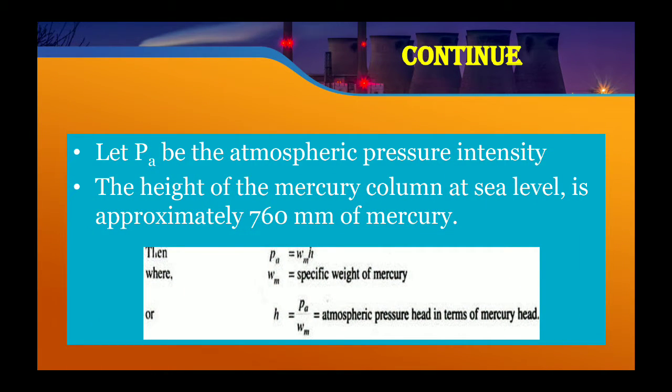Now let PA be the atmospheric pressure intensity, and the height of the mercury column at sea level is approximately, as we know, 76 centimeters, that means 760 millimeters of mercury. Then from this equation we can see that PA equals Wm into H, where Wm is the specific weight of the mercury, which is a constant. So H equals PA by Wm.